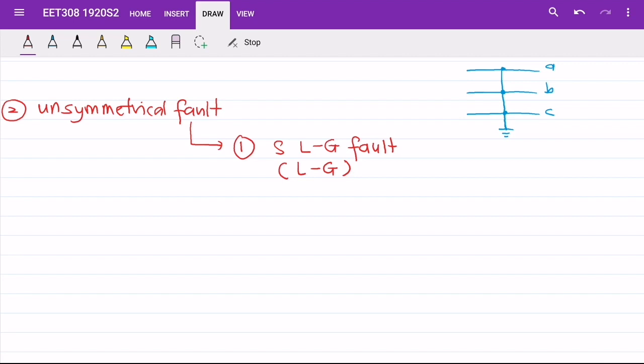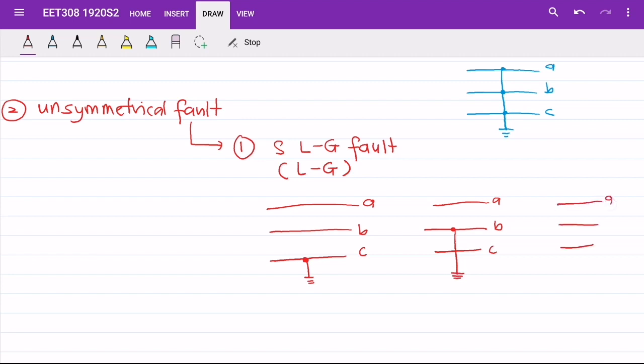For the connection of single line to ground fault, we have three different lines A, B, and C. Only one line will be connected to the ground, line A, or line B connected to ground, or line C connected to the ground. This is for single line to ground fault.